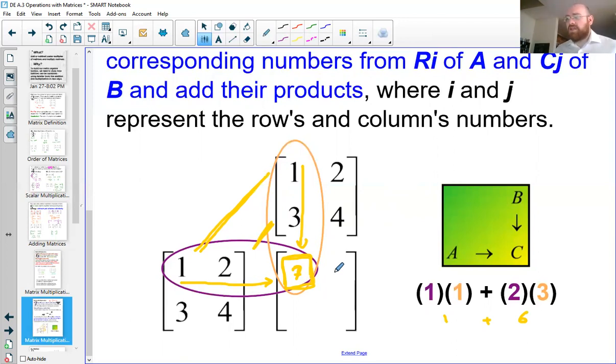If we wanted to find the first row, second column, you'd do the first row times the second column. So 1 times 2 plus 2 times 4. So that would be 2 plus 8, 10. And then when we come down to the second row, we're changing our numbers.